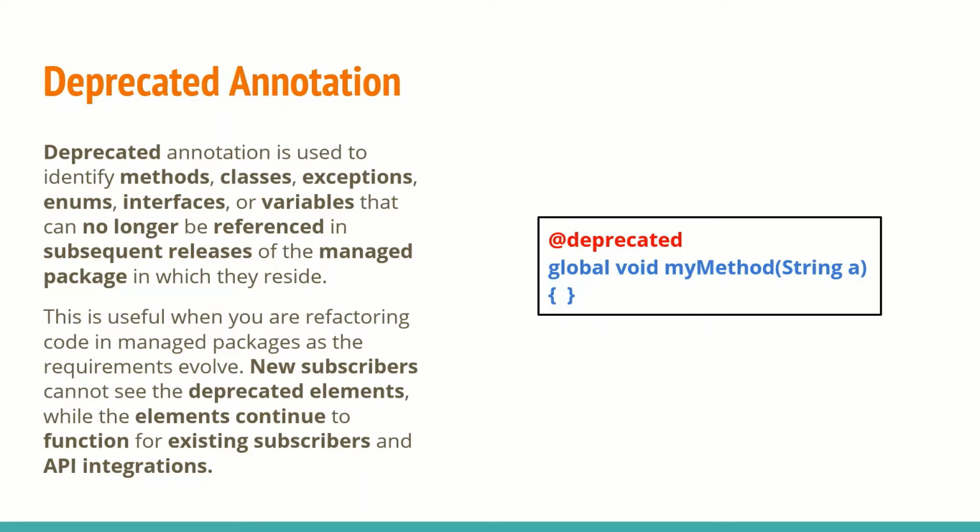This is useful when you are refactoring code in a managed package. As the requirements evolve, new subscribers cannot see the deprecated elements, while the elements continue to function for existing subscribers and API integrations. @deprecated is the annotation, and for a global void or any method you want to deprecate, you can just annotate it with @deprecated.